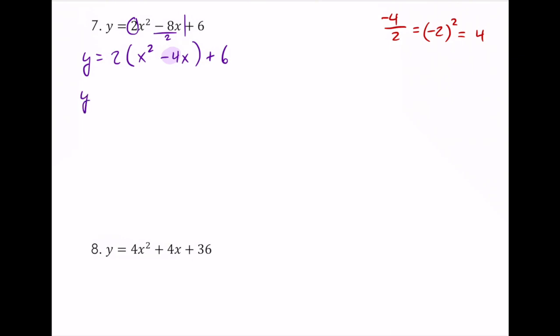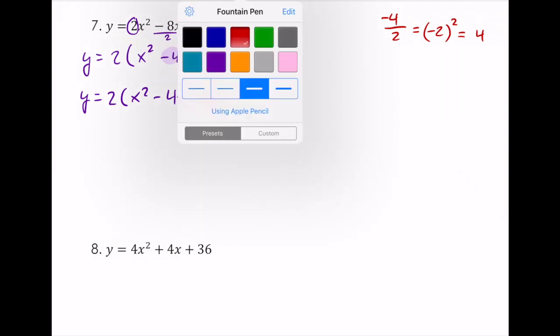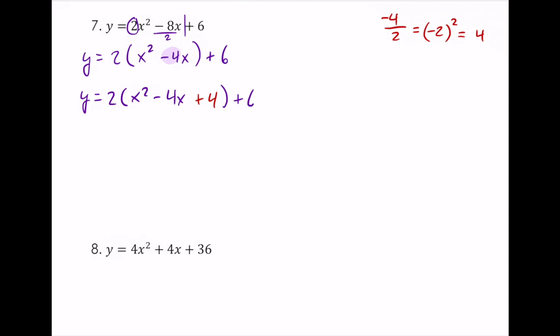So let's write that out. We have y is equal to 2, x squared minus 4x. Then we're going to add in that 4. We're going to add the 6, and then we're going to subtract the 4. And once again, we can't forget if there's a 2 in the front, there has to be a 2 in the back. Let's simplify here.